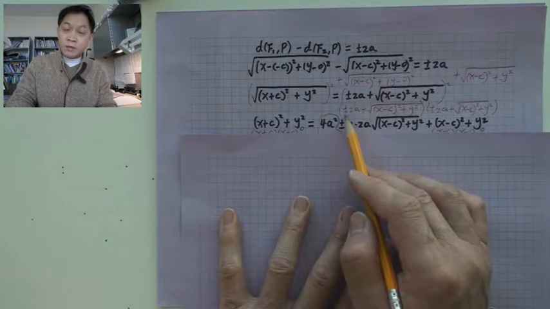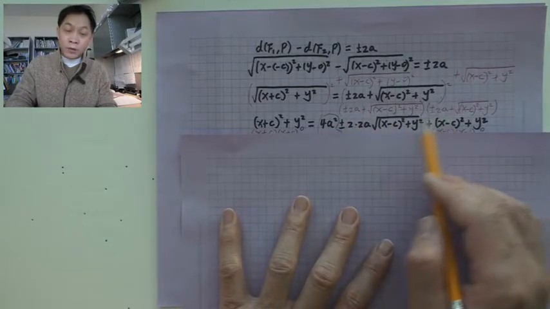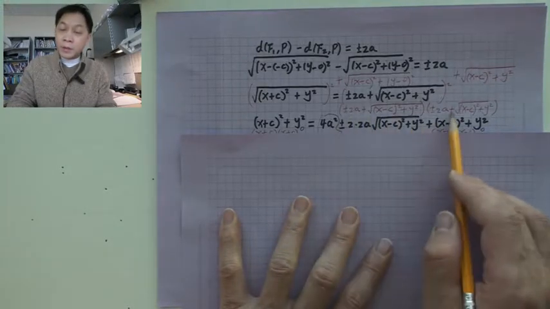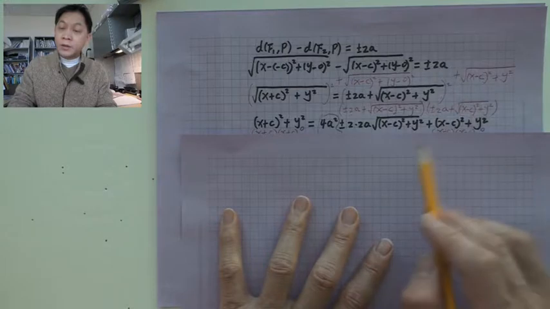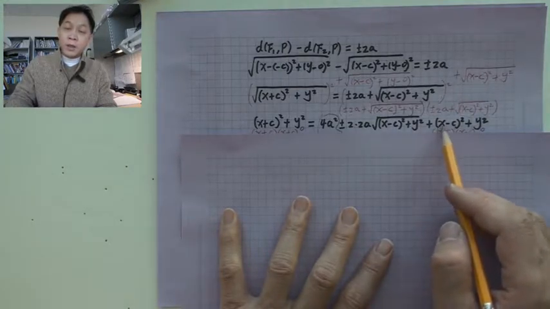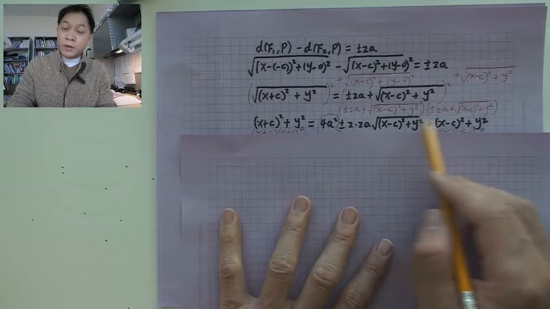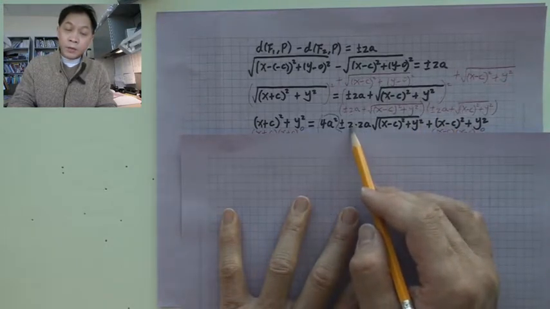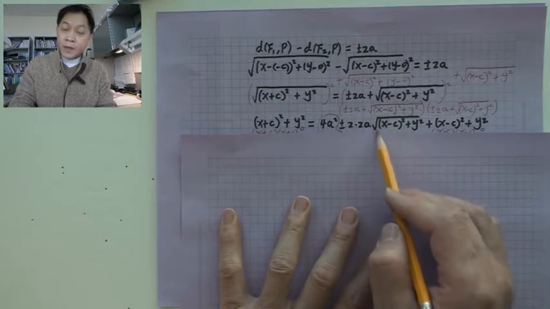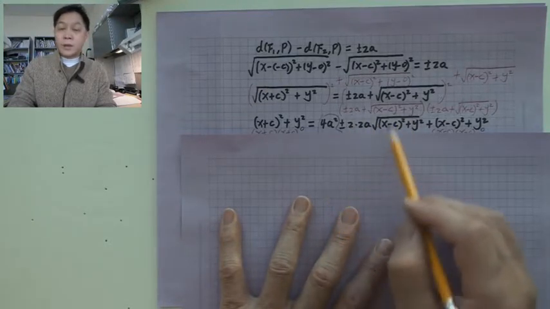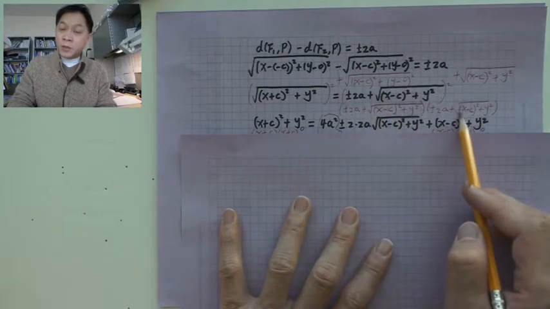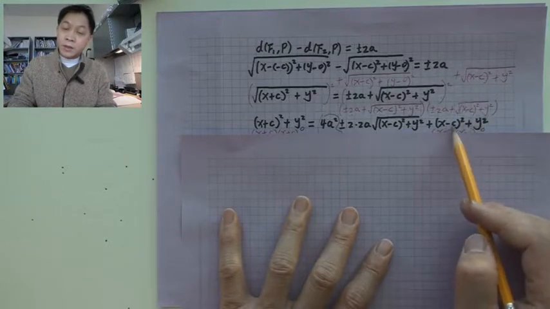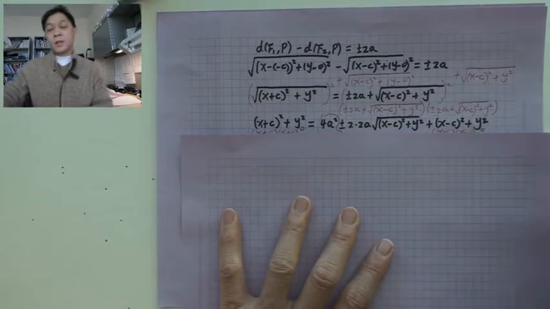Plus or minus 2a times plus or minus 2a, you always get 4a squared. Plus or minus 2a times this radical quantity, and then the same quantity times plus or minus 2a, so you have a double: 2 times 2a times the radical quantity. Now this square root quantity times the same square root quantity, the square root sign disappears. That's x minus c squared plus y squared.